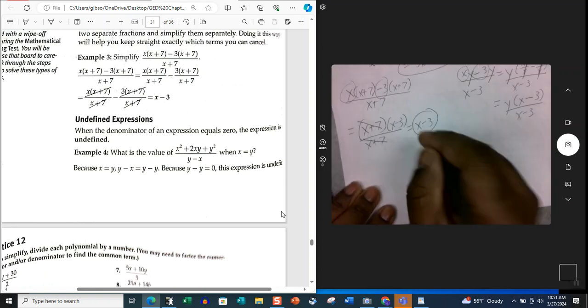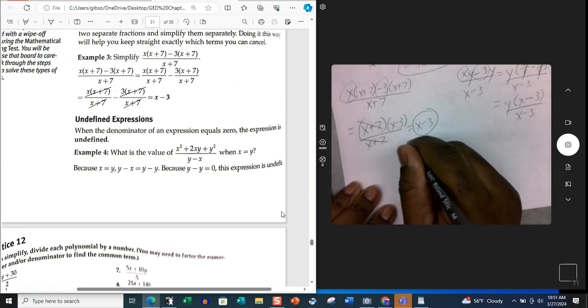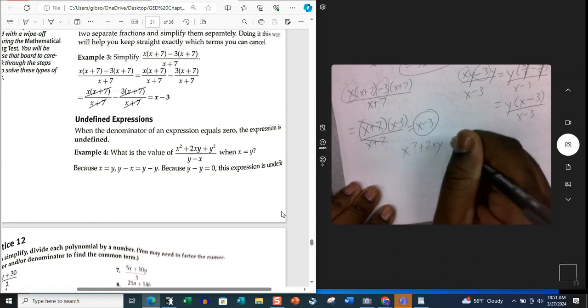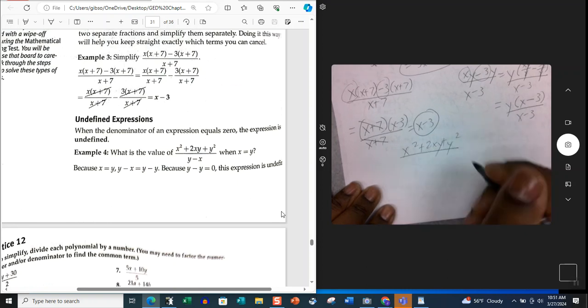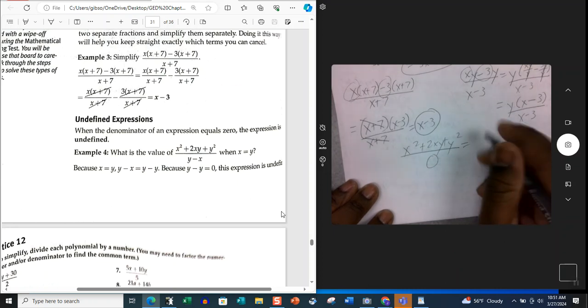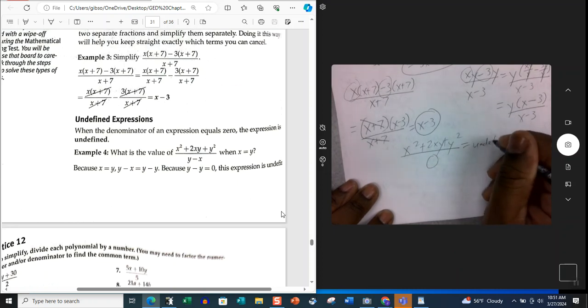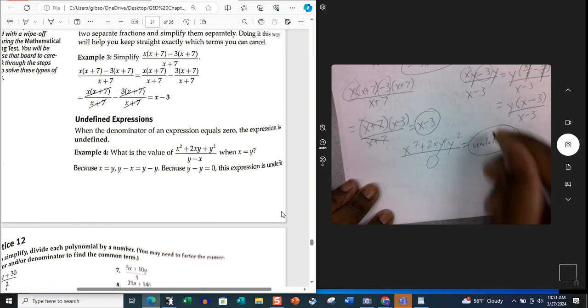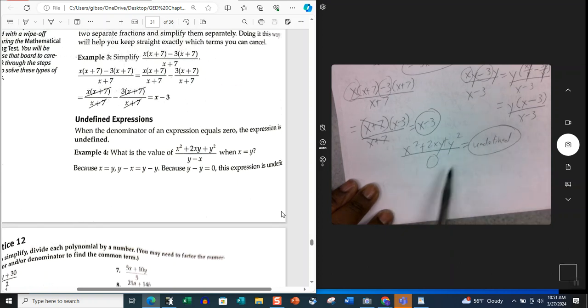Say you had up top x squared plus 2xy plus y squared, and let's say that your bottom ends up equaling 0, because that's what all this is saying. If your bottom ends up equaling 0, then your answer here is undefined. Now that's only if the top doesn't equal 0 too. But if it's just your bottom that equals 0, your answer is undefined, no matter what happens to the top, except for if it equals 0.